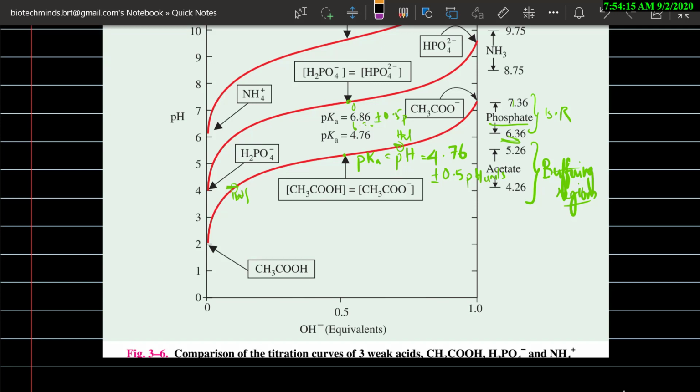The third one is ammonia, which has its own buffering action. I have told you the phosphate buffer is under the condition of double salt buffers because it contains two salts.